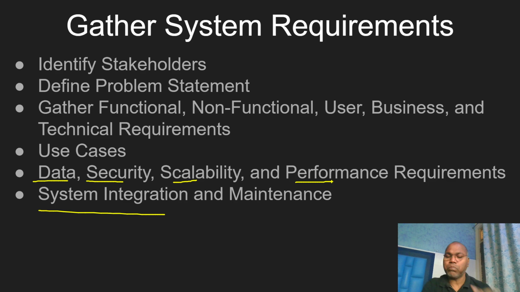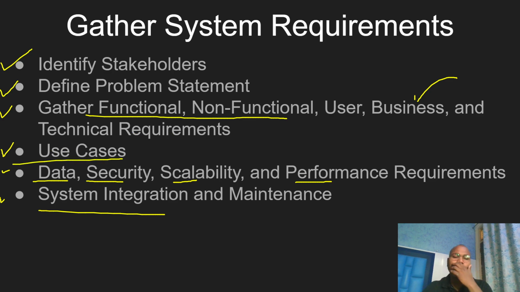Okay, so these are the high-level points. There are lots of things in system requirements we are going to talk about, but at a high level you can identify the stakeholders, define your exact problem statement, gather functional and non-functional requirements, and even talk about business requirements and technical requirements, understand the customer use cases, what kind of use cases your system is going to address.